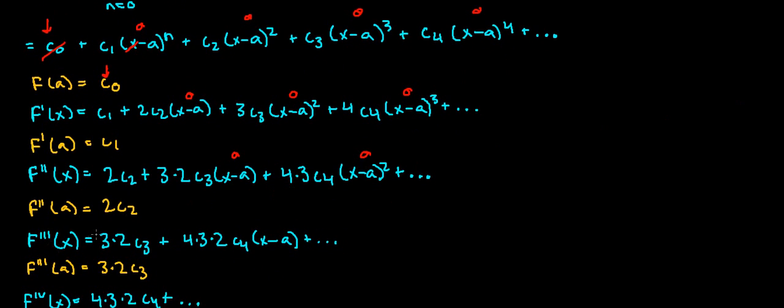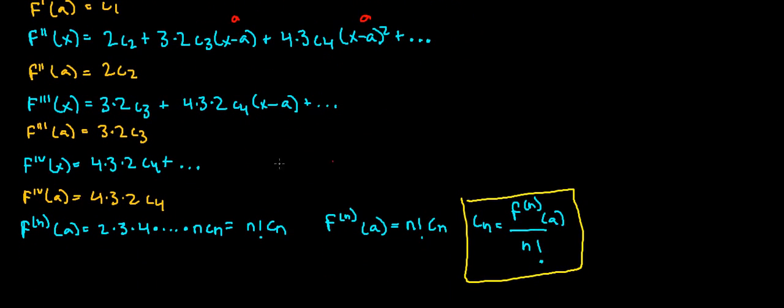f triple prime. I'll be left with 3 times 2 times C3, and then this last term will become 4 times 3 times 2 times C4 times (x minus a). So now we should see a pattern developing. Now put in a for f triple prime of a. That will leave 3 times 2 times C3. And one more, f quadruple prime of x.